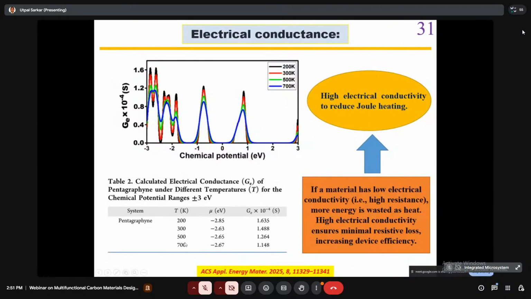So with increasing temperature, the electrical conductance is decreasing. That means the higher electrical conductivity reduces Joule heating. So this is a very good material.